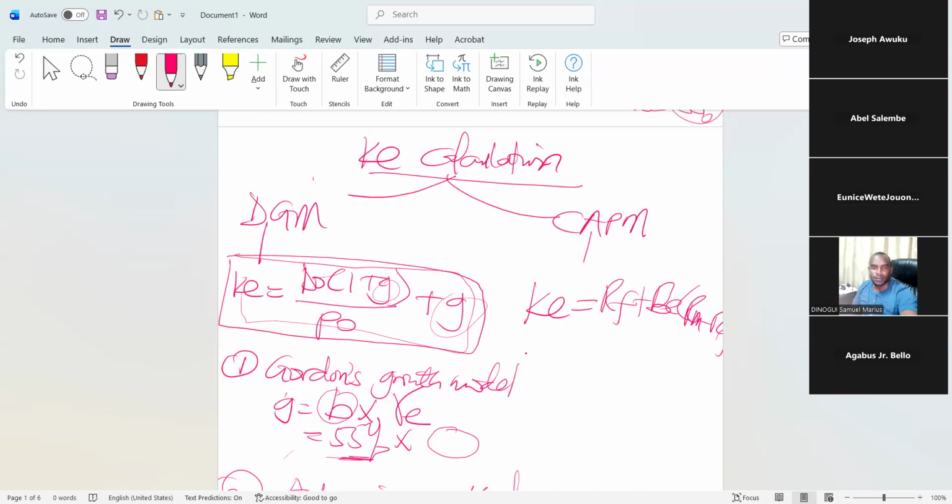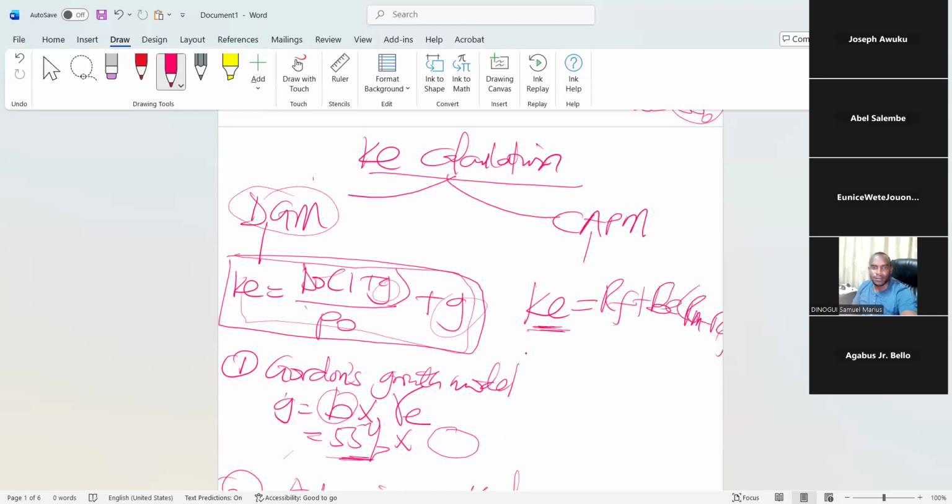You hear risk-free, you say it is KE he wants me to calculate using CAPM. Because look at this, the dividend growth model, can you see any risk-free, Rf, in this formula? No. So immediately you hear of risk-free or risk premium, he wants you to calculate cost of equity using the capital asset pricing model.